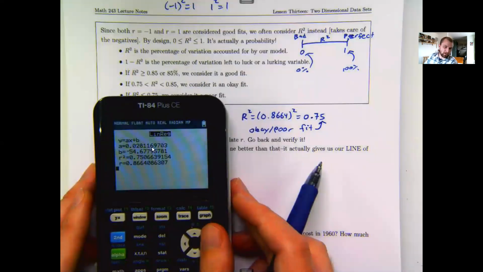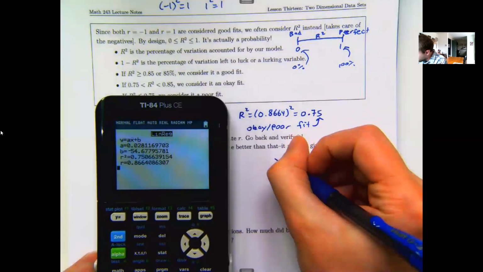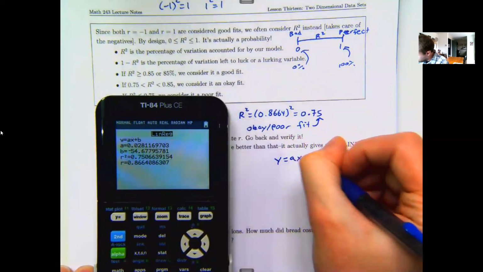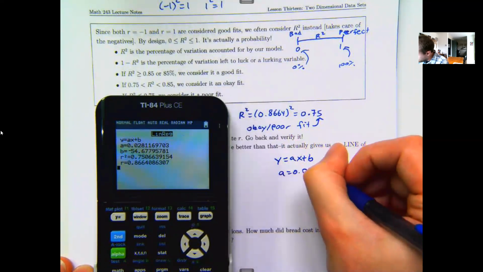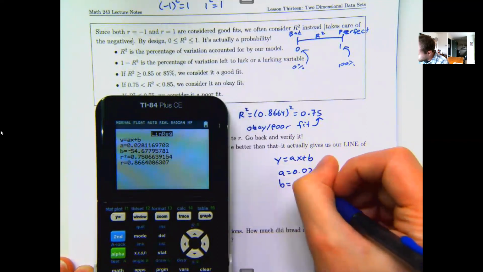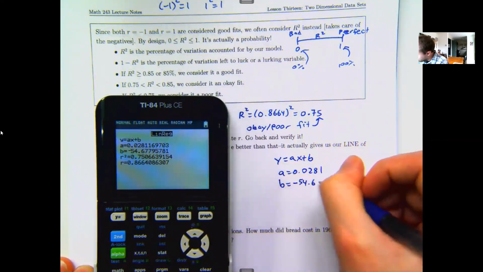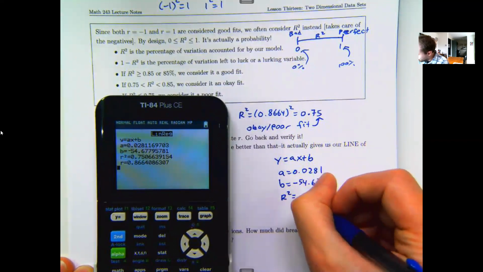So on mine, just writing down everything that it told me, it said y is equal to ax plus b, a is equal to 0.0281, b is equal to negative 54.6780 or so.